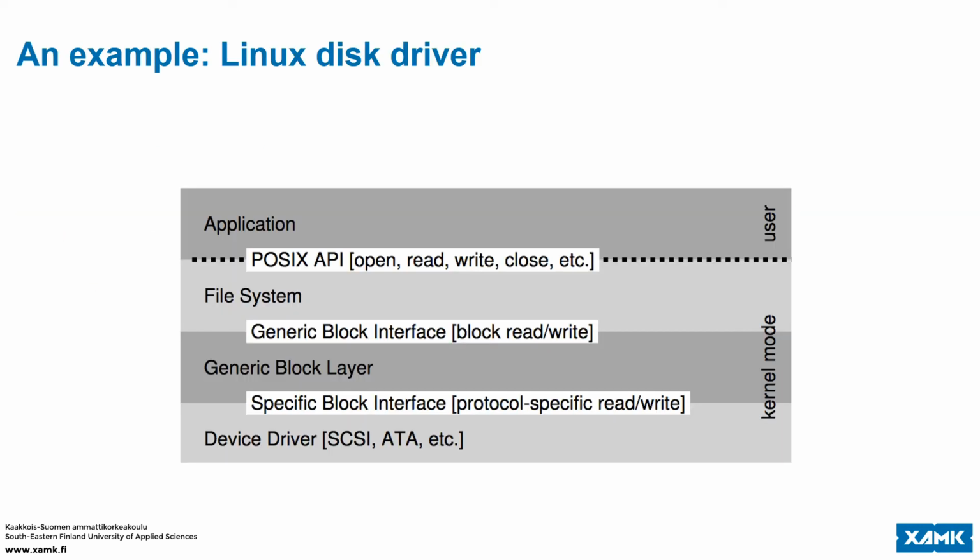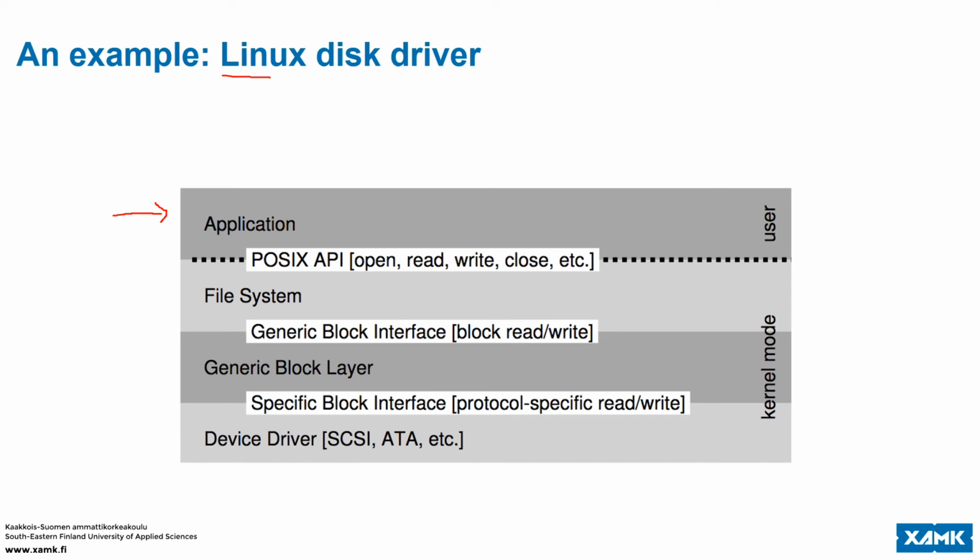As an example of what abstraction looks like when it comes to device drivers, let's look at something like a Linux disk driver. From the programmer's or application's point of view, there is an abstraction, an interface called the Posix API.